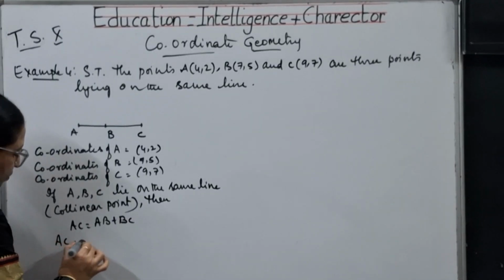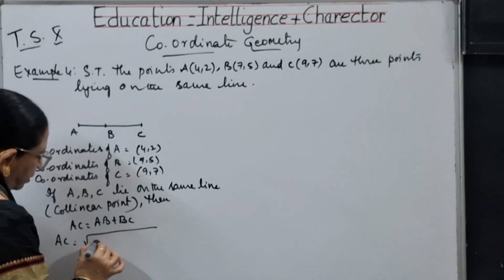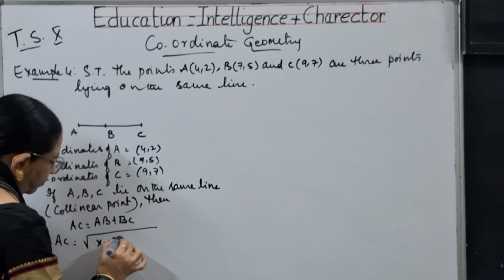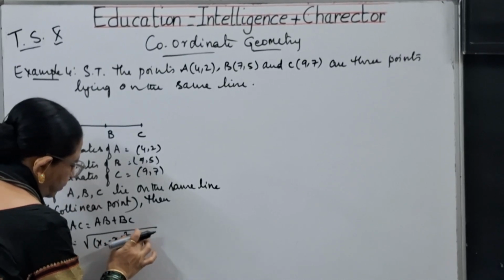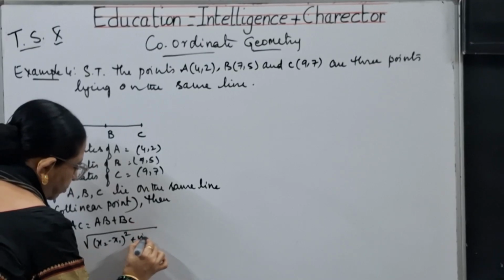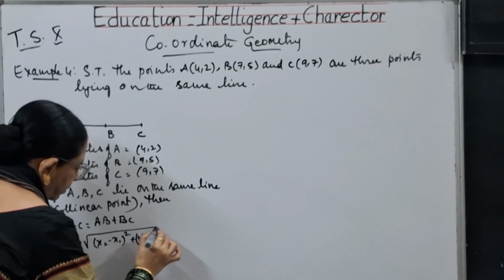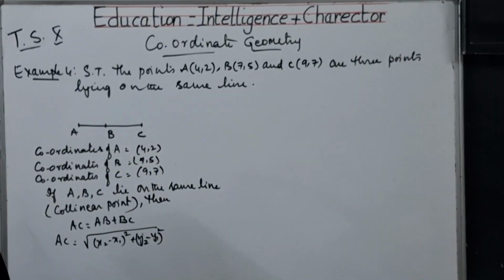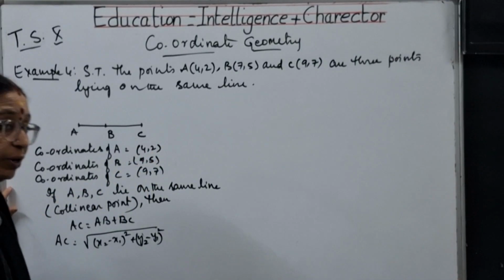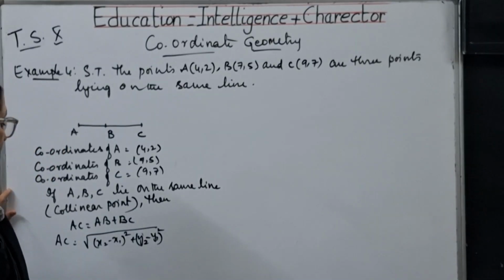So AC is equal to the distance of AC, root of (x2 minus x1) whole square plus (y2 minus y1) whole square. Earlier I have not kept x1, y1, x2, y2 because I need to take them as pairs. For every pair you have to take x1 and x2.